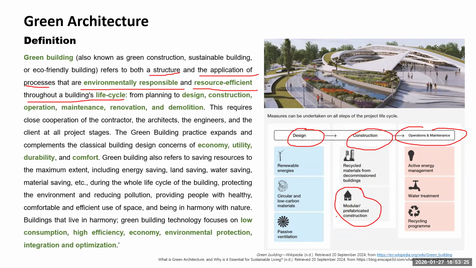For operation and maintenance, as we discussed last week, we can introduce AI smart energy management strategies into the operation of our buildings. For the common ones, we consider recycling, water treatment, active energy management, etc.